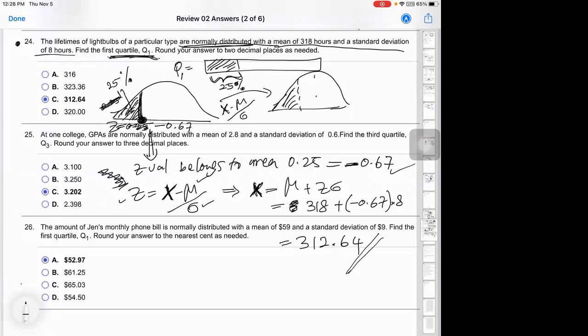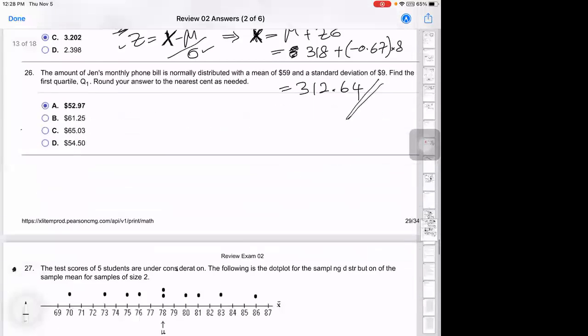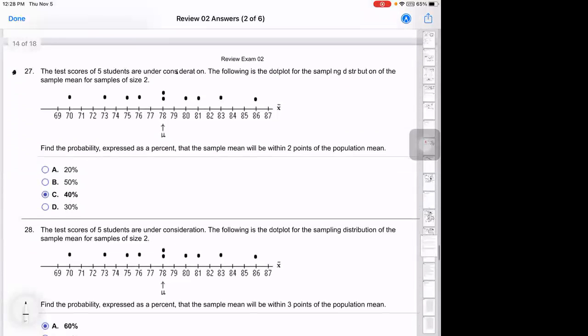Then use the formula Z equals X minus mu divided by sigma. You know mu, sigma and Z, so the only unknown term is X. Isolate X, plug in the values and find X. That is your first quartile value. So those are quartile values.